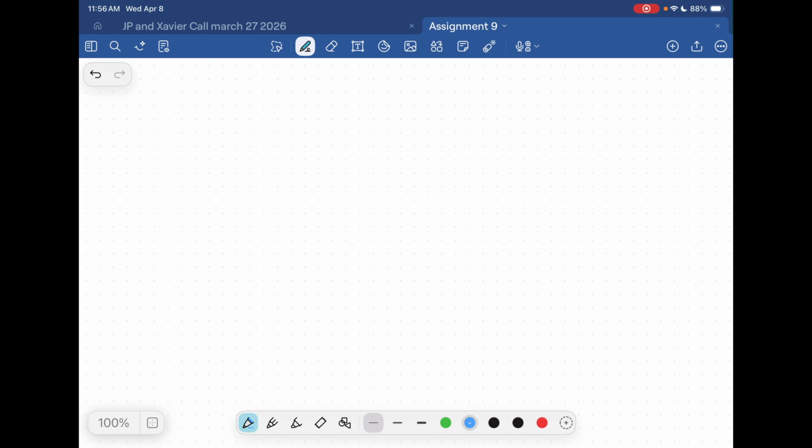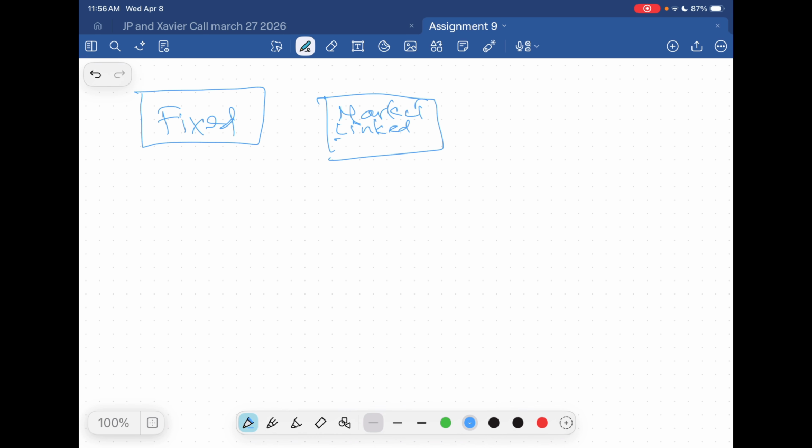So we know there are three types of asset that people can have. Let me draw it here. One is fixed, two is market linked, also known as variable.